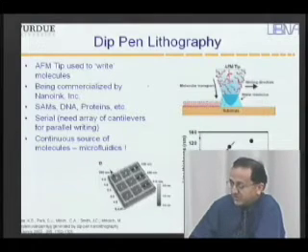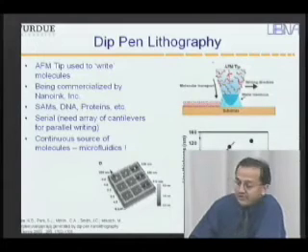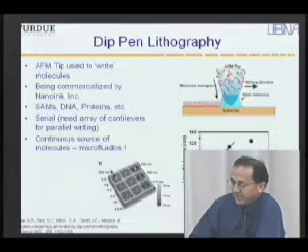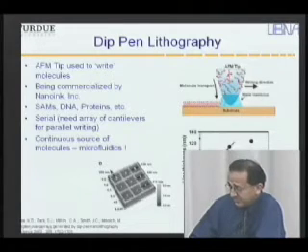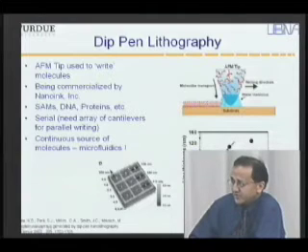And there's a water meniscus around this tip, where if you control the relative humidity and the temperature around the tip, and you bring this tip down to the surface, then these molecules will transport down to the surface, and you could essentially write, so to speak, the molecules using an AFM pen down to nanoscale, just like you would with an ink pen.